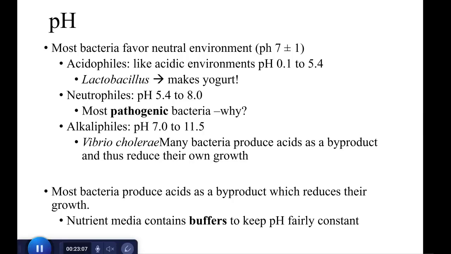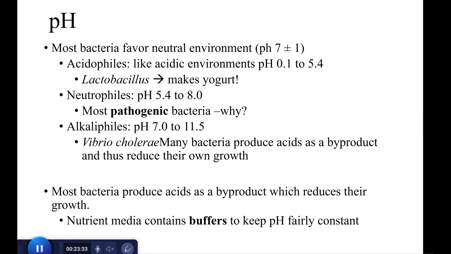At the lower end, the lower numbers are going to be acidic. It's going to have a higher hydrogen ion concentration. The higher numbers are going to be more basic, and there's going to be a higher hydroxide ion concentration. So some bacteria will like a more acidic environment, so probably anywhere from like 1 to 5. And they're going to like those acidic conditions.